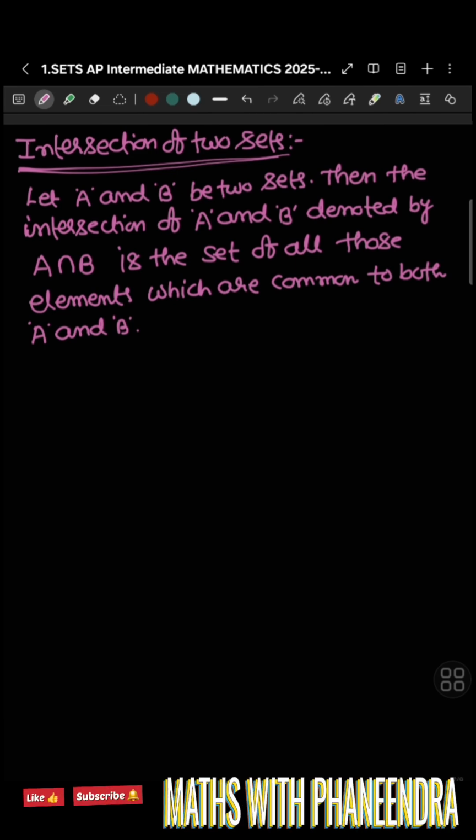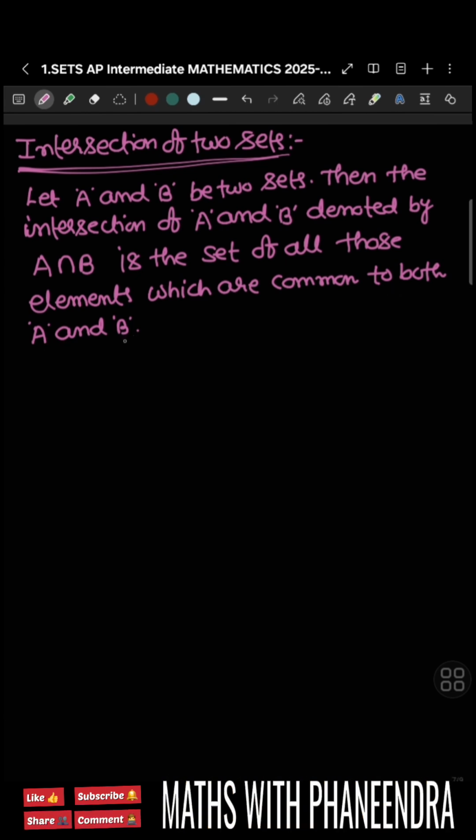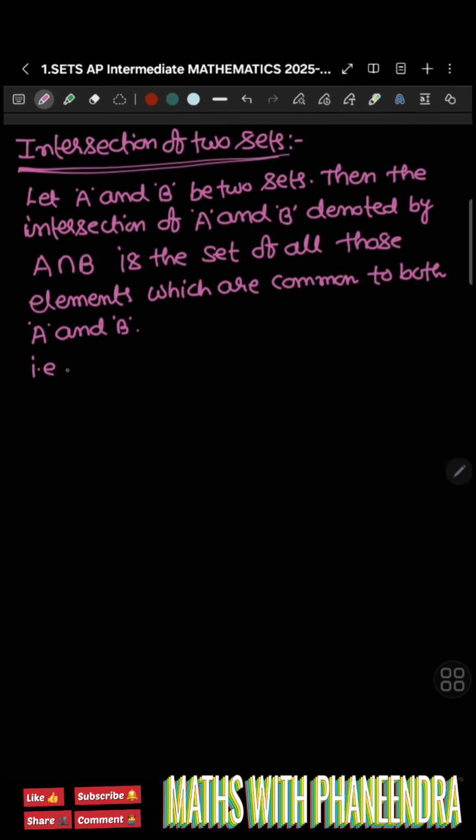The set of all those elements which are common to both A and B sets. A intersection B is the notation for the intersection of two sets.